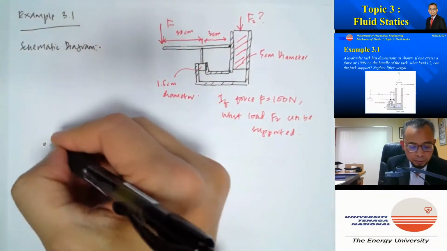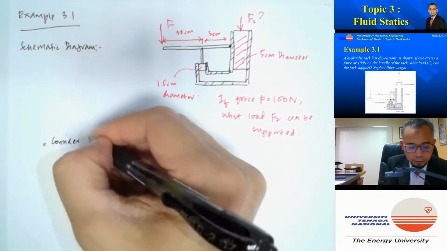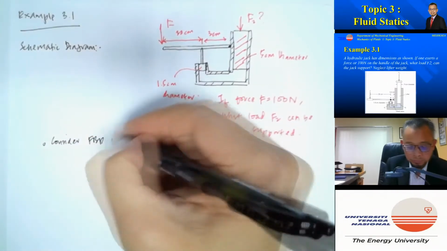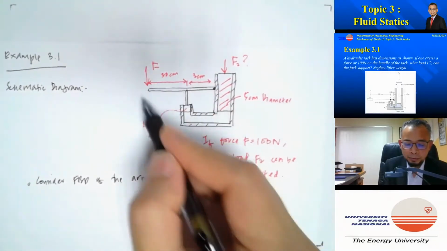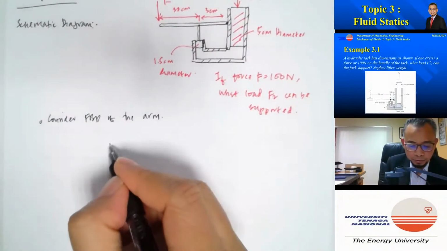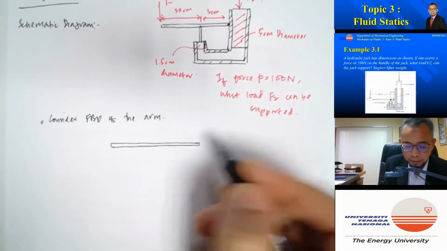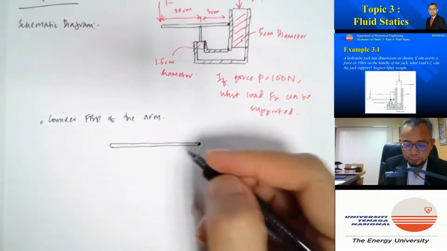So first of all, let's consider the free body diagram of the arm. If we draw the arm like that, it's hinged there.